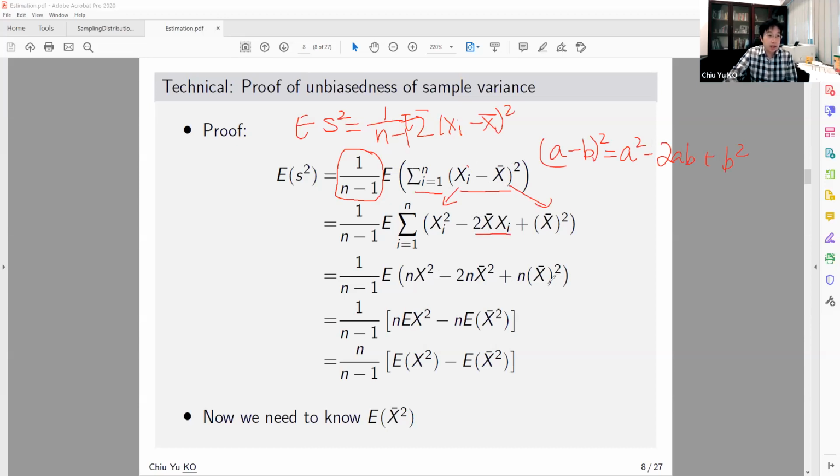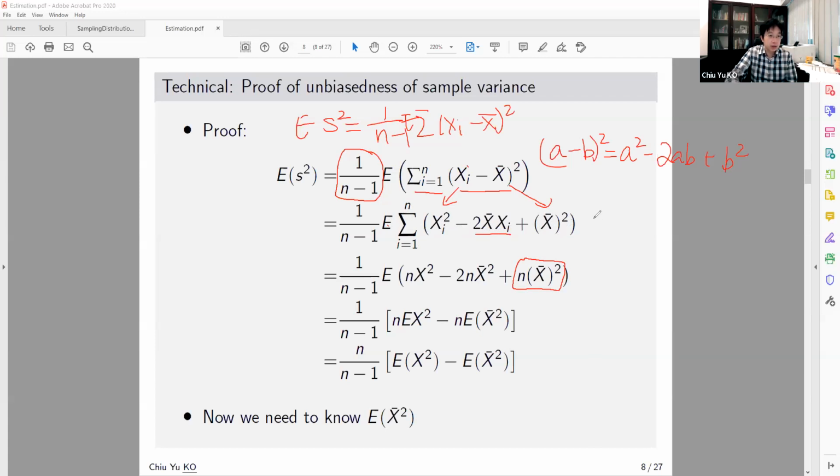Okay, and now here is the sum of this, say first, the sum of the x bar squared. And x bar squared doesn't depend on any i, so that's why there are n of them. And second, you can take the expectation in, right?